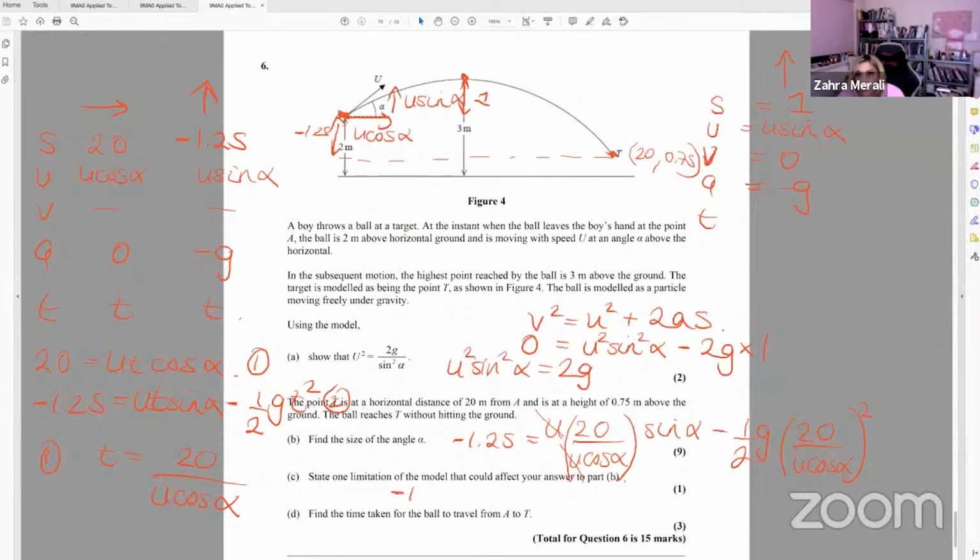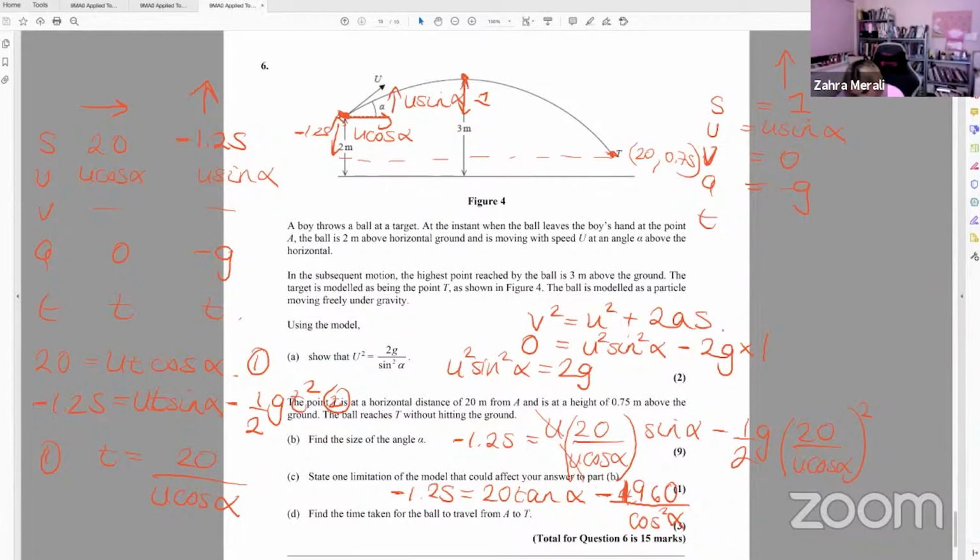So I get minus 1.25 equals 20 tan alpha, and here I'm going to get a half G, 4.9 times 20 squared, which gives me 1960 over U squared cos squared alpha. But in part A, I know what U squared is, so I can sub that in. Because I don't have much space, let's just plug it in here.